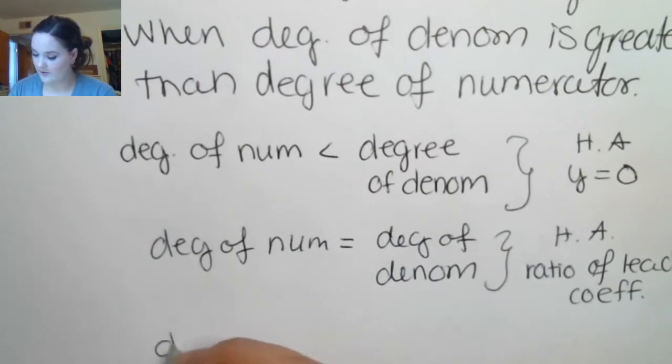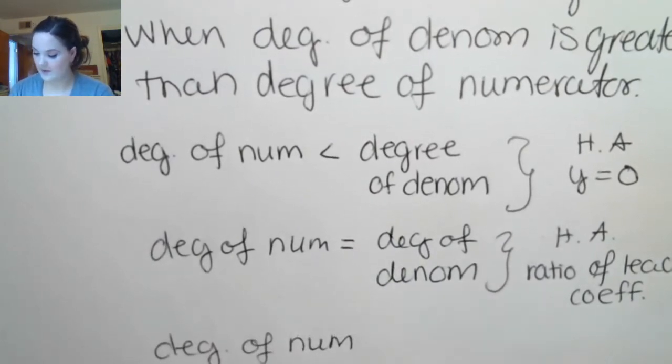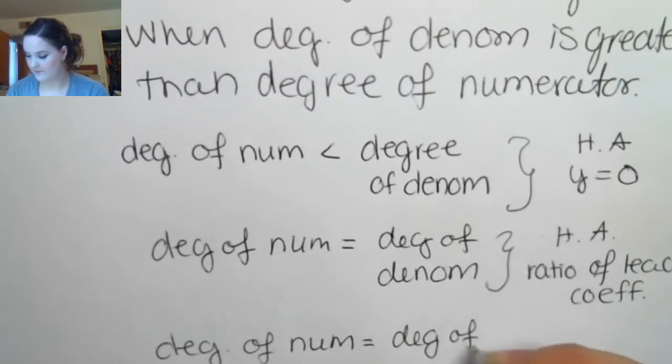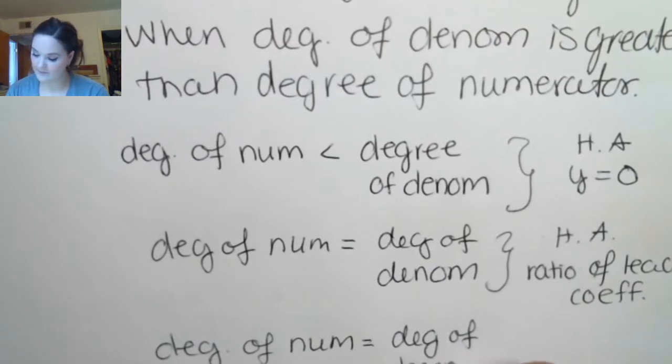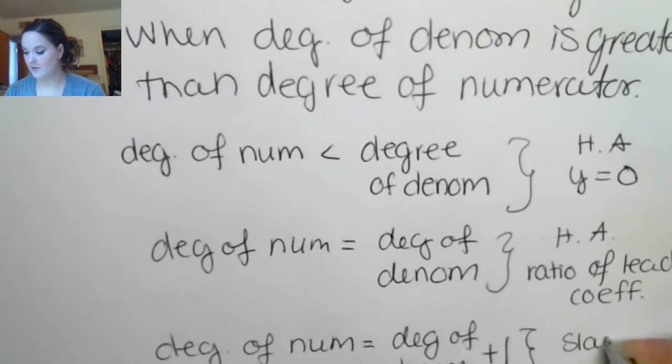Okay. If the degree of the numerator is 1 more, okay, that means you have a slant asymptote.